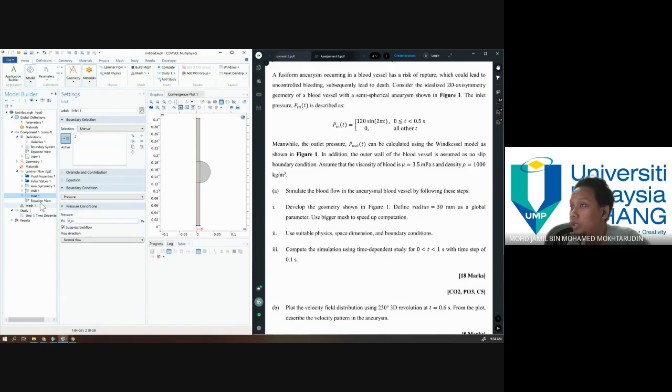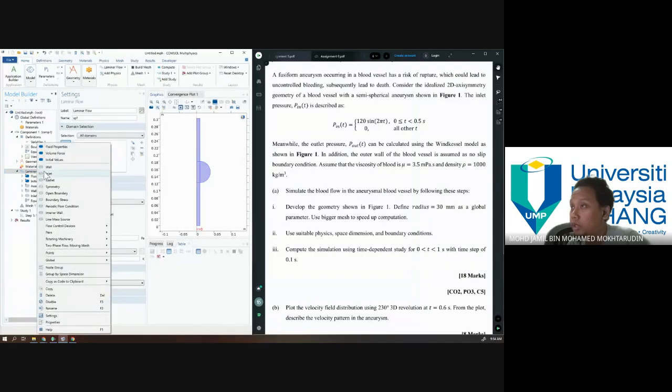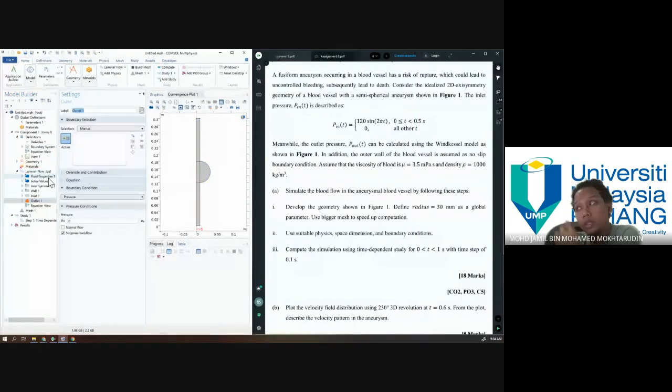Now we can set the outlet. So the outlet needs to follow the Windkessel model. Okay, to be honest, I don't remember what its code is, so we have to refer to the notes.